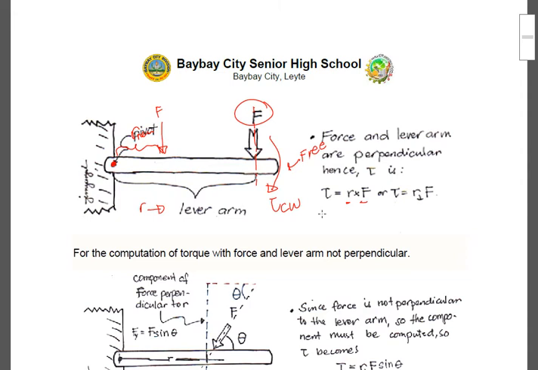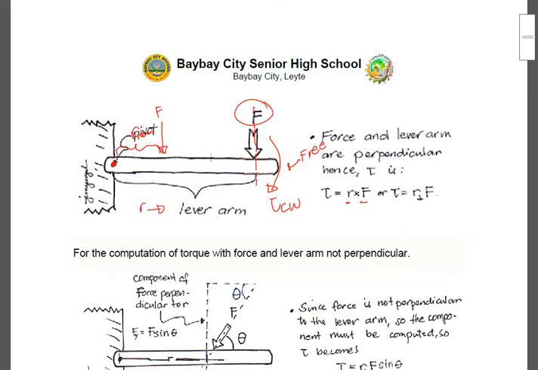Whenever the force is higher, we are trying to increase the moment arm. As the moment arm increases, of course the torque increases. Whenever there is higher torque, there will be faster rotation of the system.